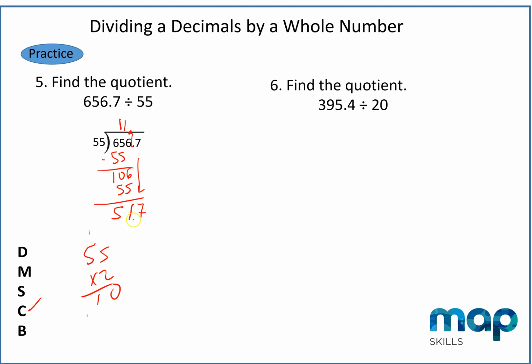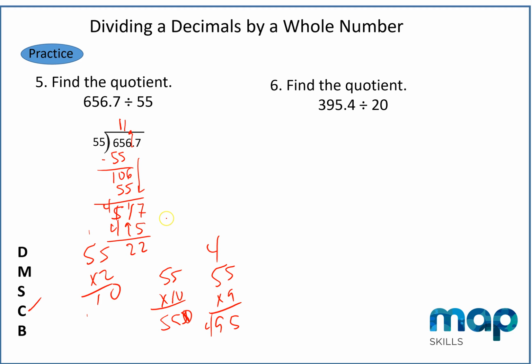500. I know 55 times 10 is 550. So I'm thinking this is going to be about 9. 55 times 9, 45, 49, 495. That leaves me 2, 11, 22.